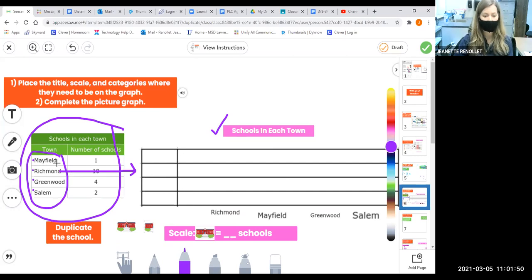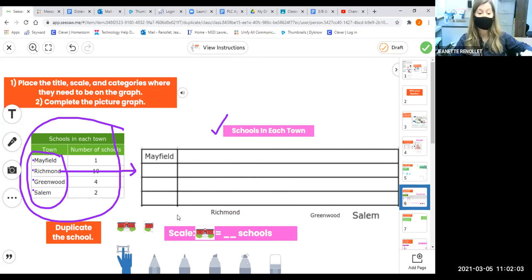Mayfield goes first on my frequency table, so I'm going to put Mayfield first on my picture graph, just like that. Whatever my frequency table shows, my graph is going to show. They should match.